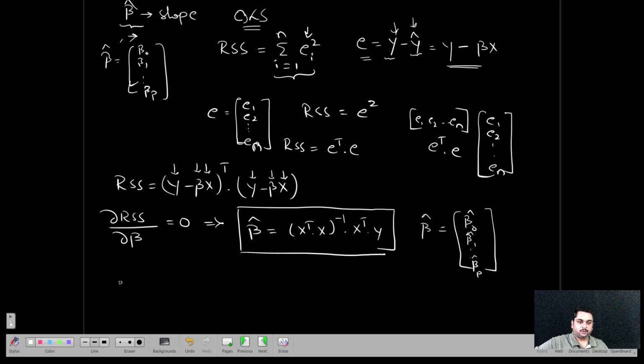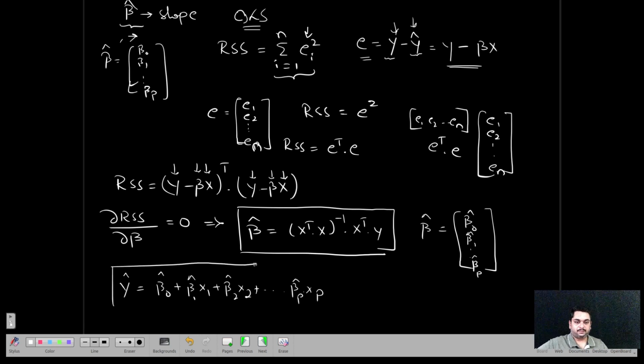So now finally what will be your equation? Your estimate y-hat is equal to beta naught estimate plus beta 1 estimate into x1 plus beta 2 estimate into x2 plus so on up to beta p estimate into xp. So this is my final multiple linear regression model.